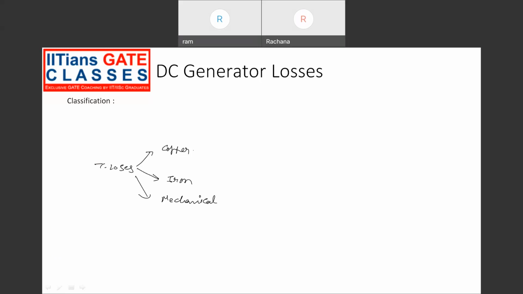These copper losses are further classified into armature copper loss due to the armature winding, shunt copper loss due to the shunt winding, and series copper loss due to the series field winding. Iron losses are classified into hysteresis losses and eddy current losses. Mechanical losses are classified into friction and windage losses.